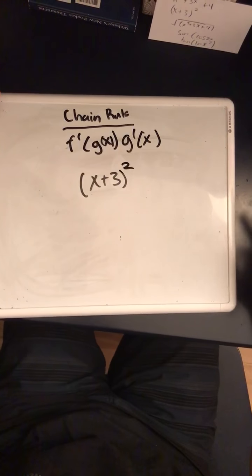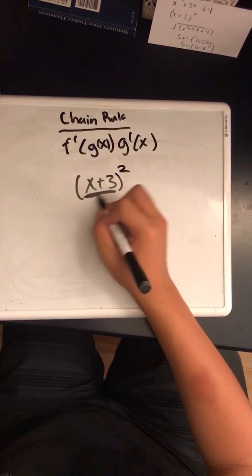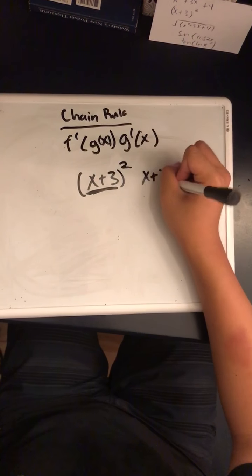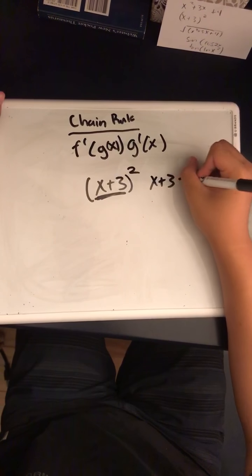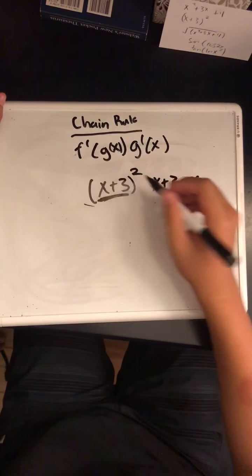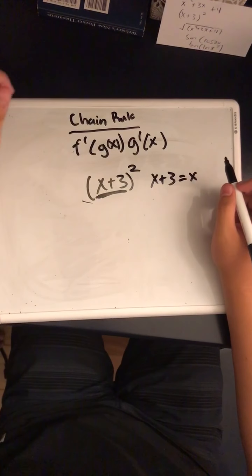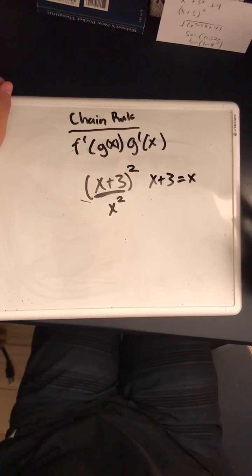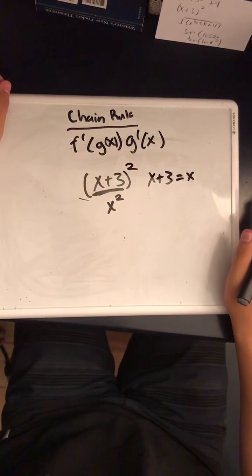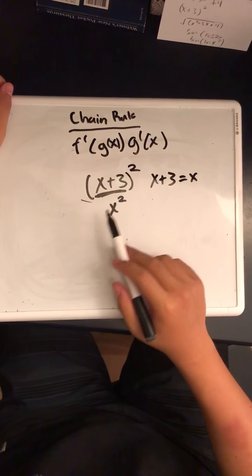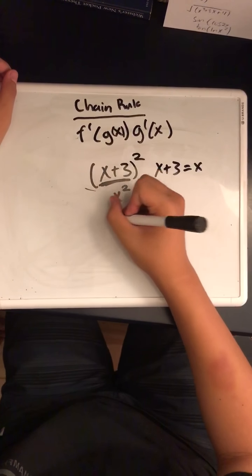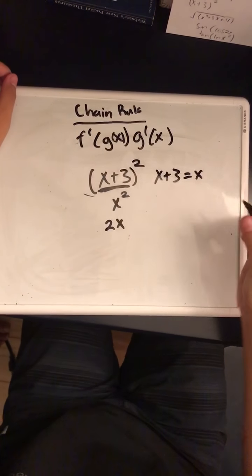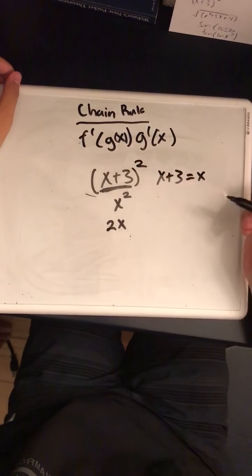So let's pretend that the inside right here, this x plus 3, is going to be equal to x, a single variable. And then we'll find the outside, basically this whole thing. So instead of x plus 3 squared, let's think of it as x squared. So this is just like the previous problem we did. We would bring the exponent down like this, 2x, and that would be the derivative of it.